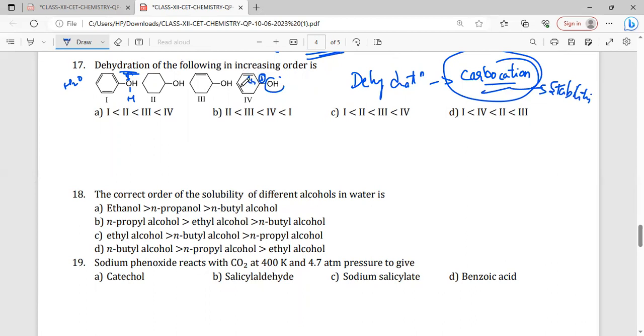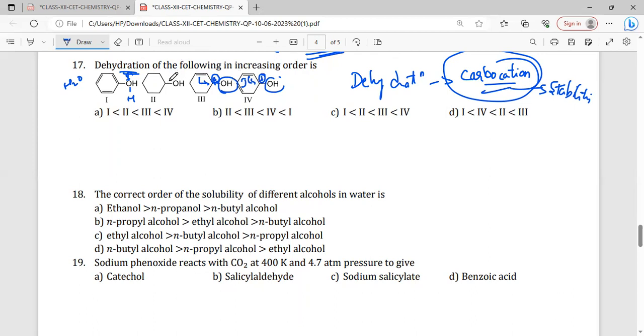Have one pi bond, it is in conjugation with the other pi bond, you have two pi bonds, more conjugation, right? Observe option 3. Here, if I remove this OH as water, I'll be getting this particular carbocation. Obviously, this carbocation is also stable, but here you have only one conjugation, not multiple, right?